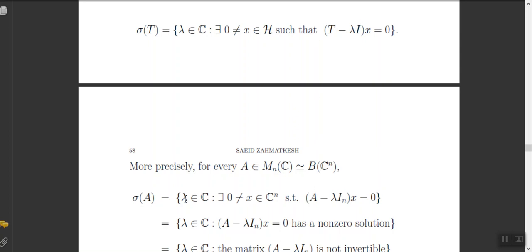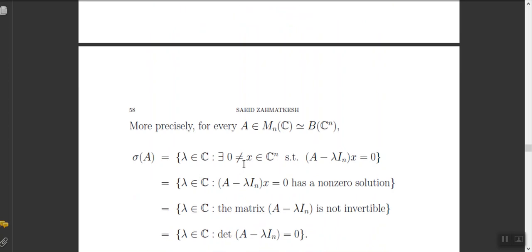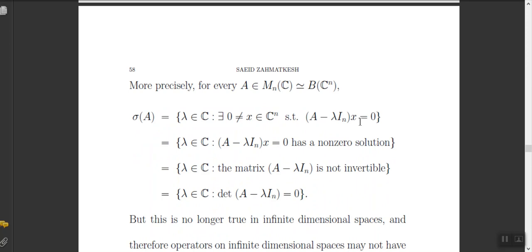So it becomes all scalars such that there is a non-zero vector in Cn such that (A minus lambda I) x equals 0. Okay, and actually look at here, this is a system consisting of n equations and n variables. So when we say this, it is equivalent to saying that this system has a non-zero solution.